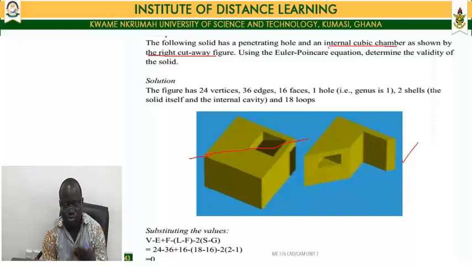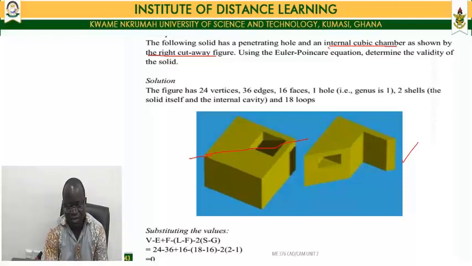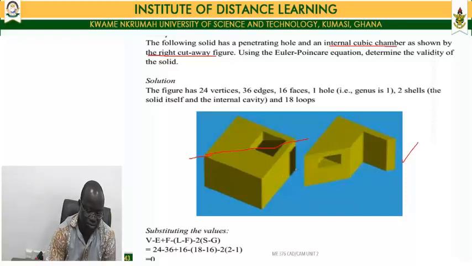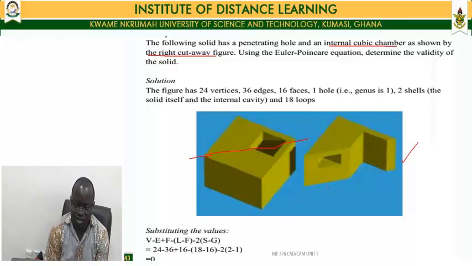Okay, so when it comes to the number of loops, all the loops remain in place. So we have 3 cubes, each of them having 6 loops, so 18 loops. When we do the Euler equation, we will still get 0, meaning that this representation we see here is a valid solid, which is also truly obvious.